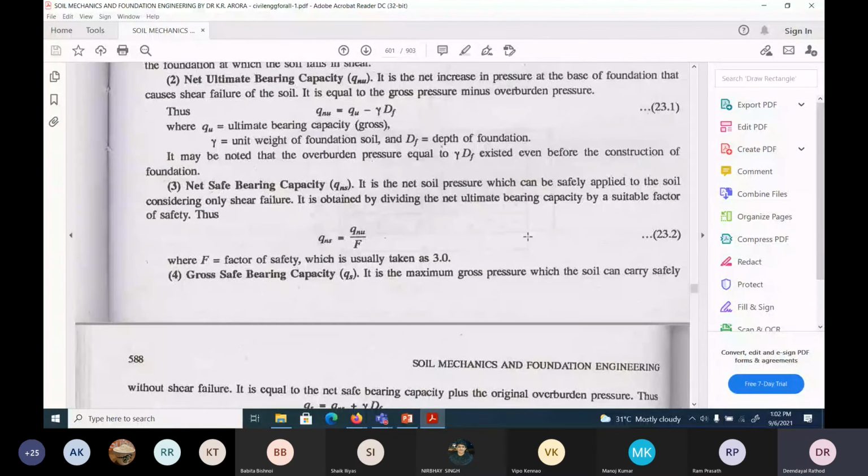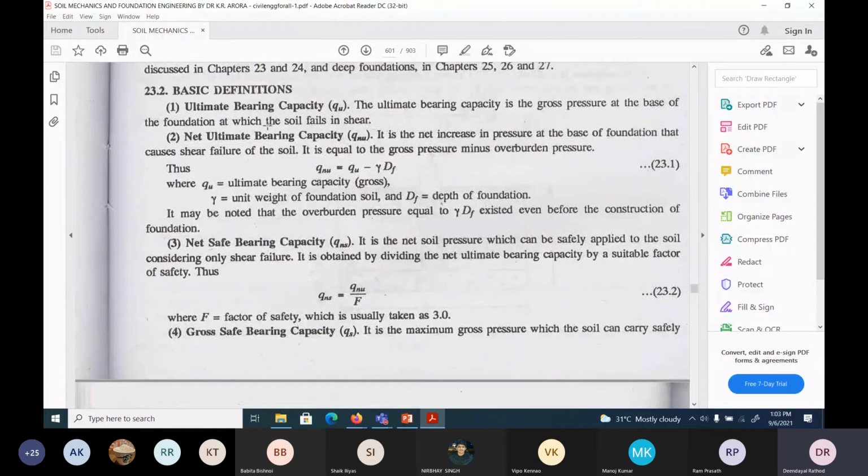So these are the basic definitions. The ultimate bearing capacity: what is the ultimate bearing capacity? I will go through it in short.